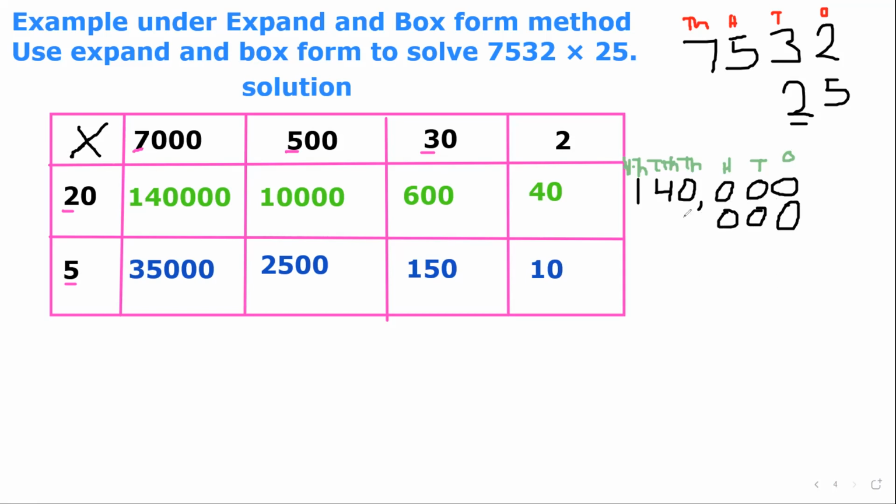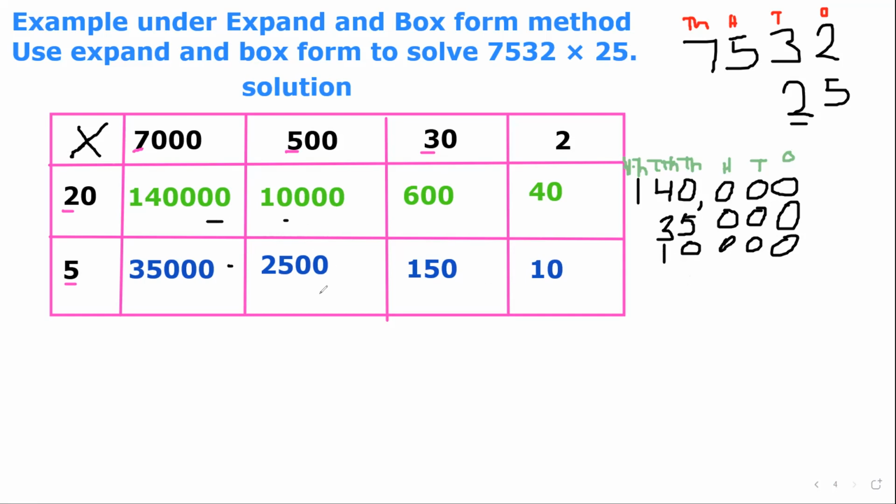Then here is 5, and here is 3. Okay, good. We are done with this. Now we are left with this one, 10,000. Start recording from the back. The 0, 0, 0, and 0 and 1.